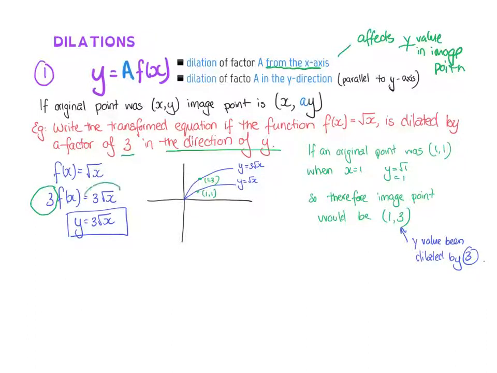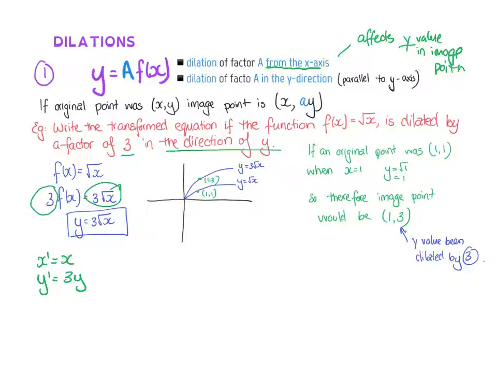So that's how we got this. But if we did it with the image point, the image x remains the same, but the image y is the normal y dilated by 3, so we'd say 3y.